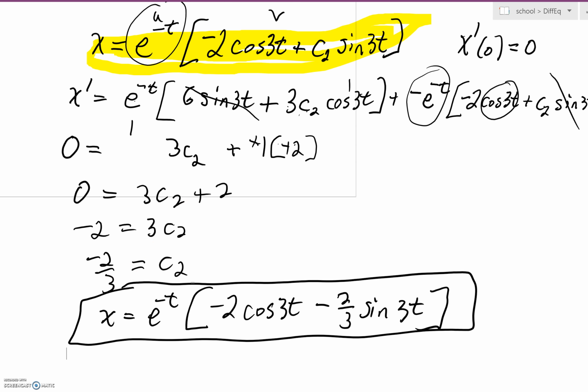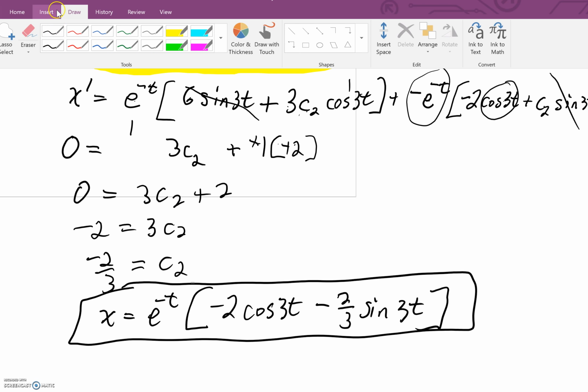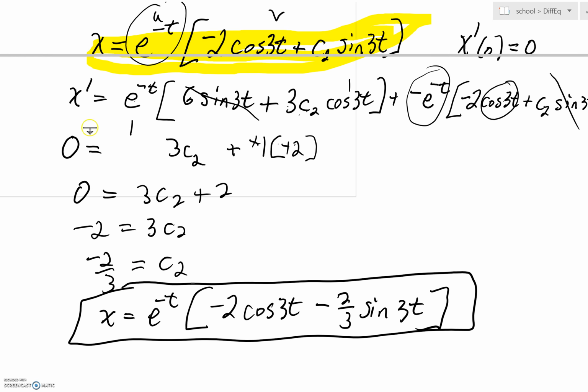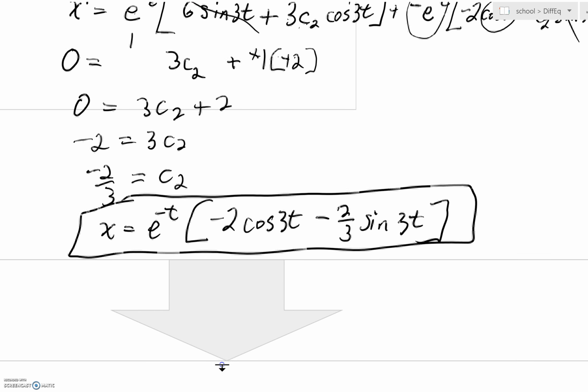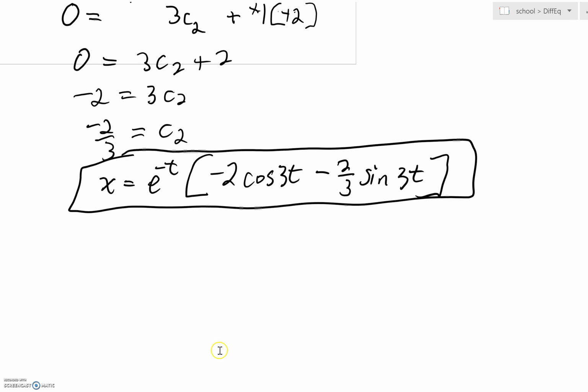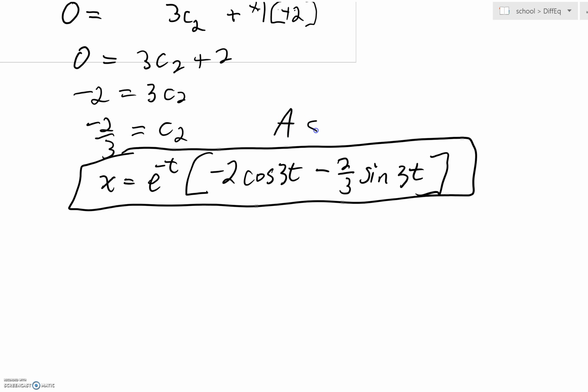When they said both forms, what they're really saying is, could you also get this down to just one trig function? That other form would be, could we get a sine of our 3t plus this angle phi, and here we have our c1, and here's our c2.